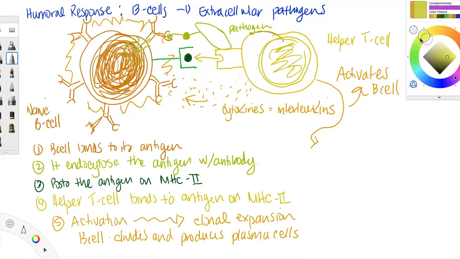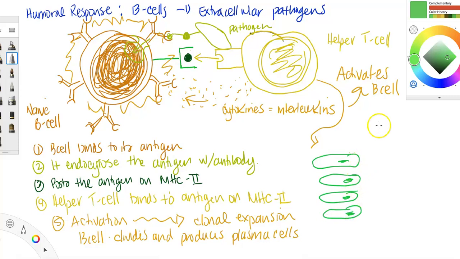Let's make it this color. So it makes these little plasma cells. And these plasma cells then just barf out a bunch of antibodies.